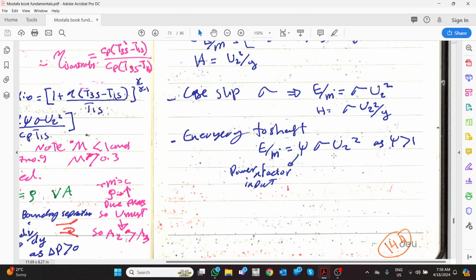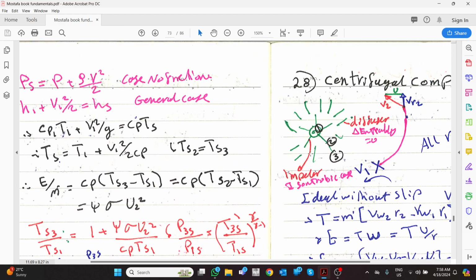You can imagine if it is an efficiency, it is this one divided by this one, which will be less than 1 if it is the compressor mechanical efficiency. If it is written as a power input factor, it will be bigger than 1, which is this one over this one.